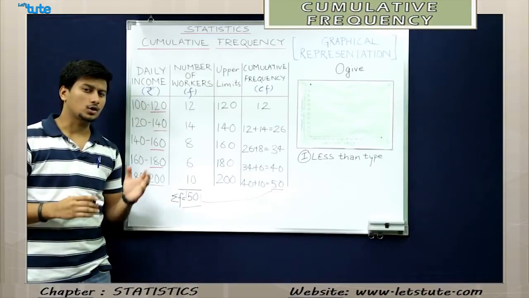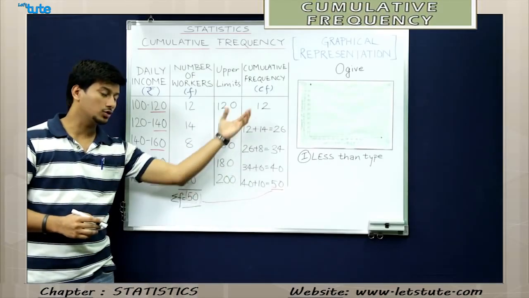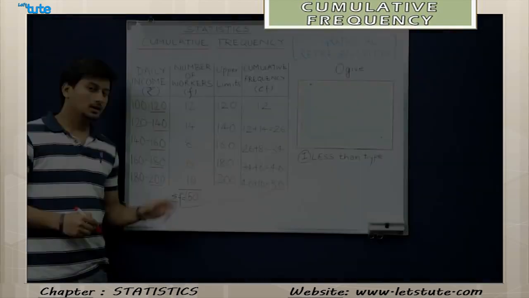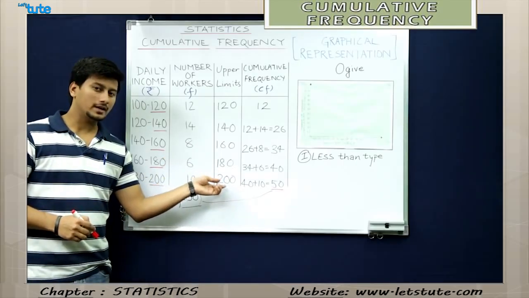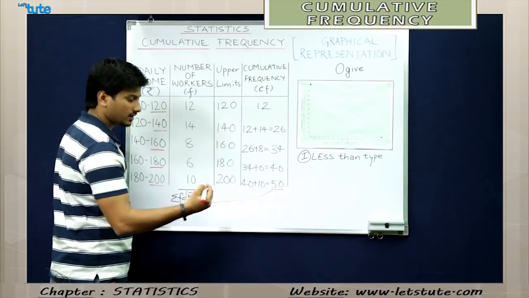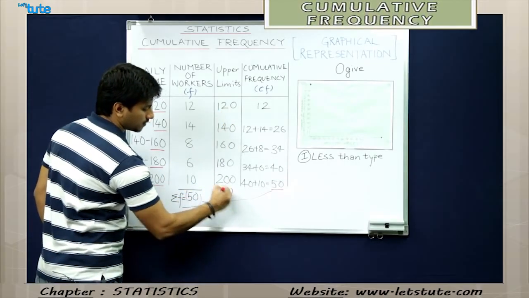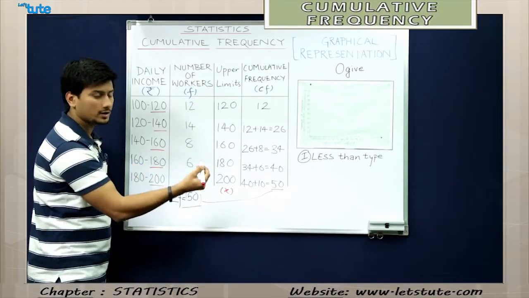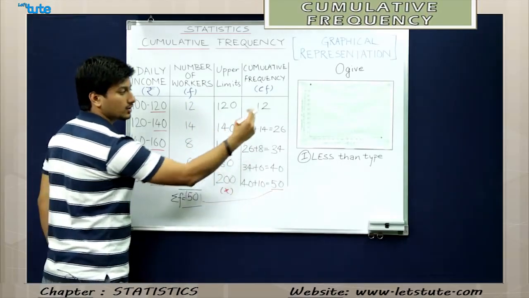After forming the columns for the upper limits and the cumulative frequency, we will represent it in a graph. Upper limits will be represented on the x-axis because it is the independent variable, whereas cumulative frequency is a dependent variable, so it will be located on the y-axis.